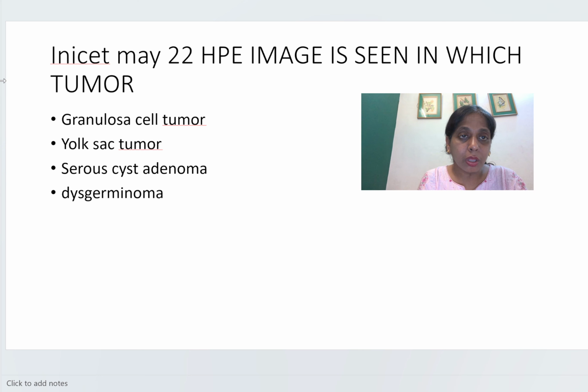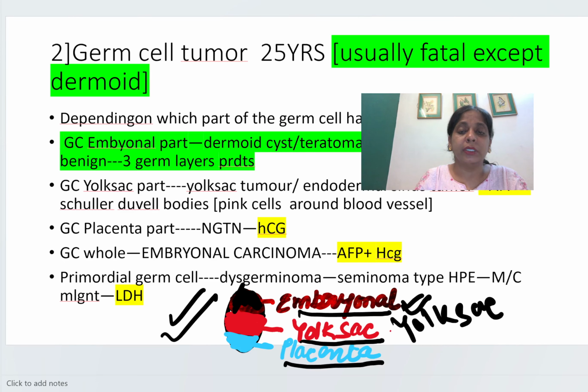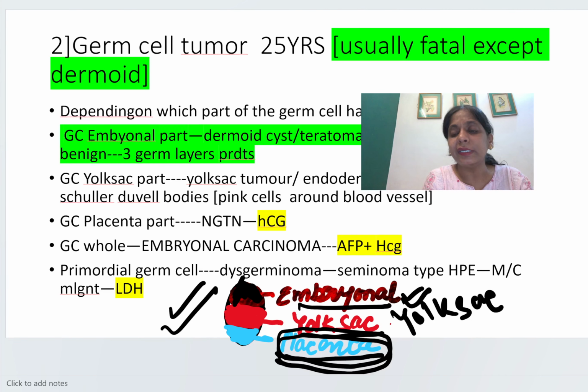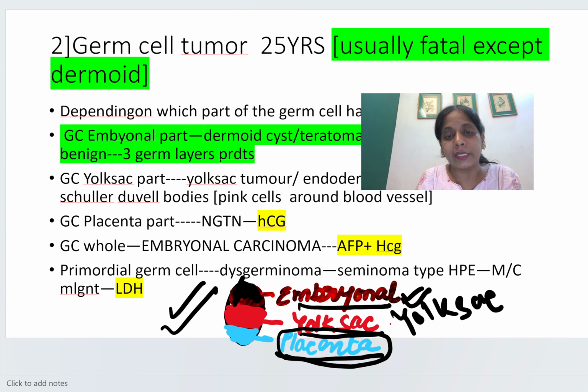Okay, now let's go to our slide. The third part, the placenta part, was left. If the placenta part becomes tumorous, then it is known as non-gestational trophoblastic neoplasia, and needless to say, the tumor marker of it is HCG.